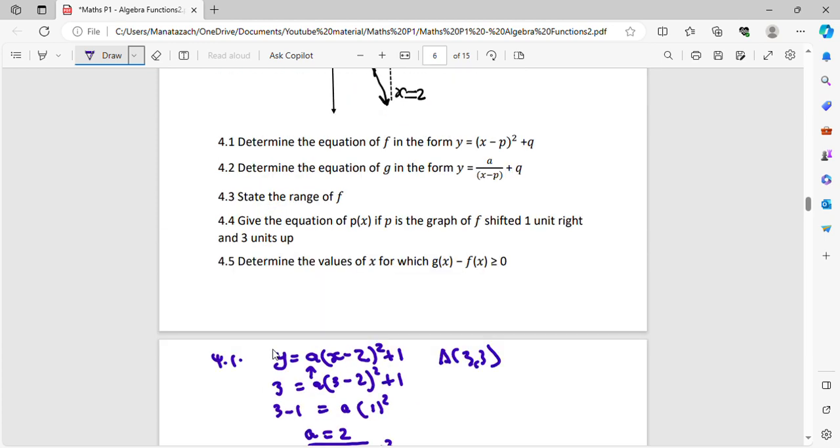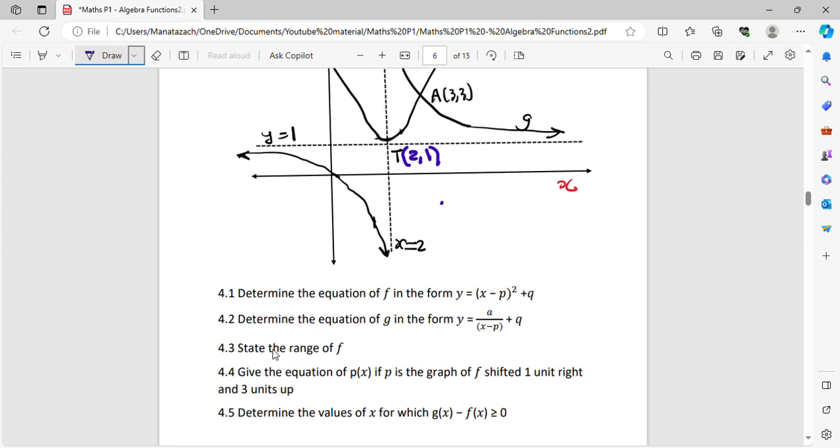Now let's go to 4.2. Determine the equation of g in the form of y is equal to this general function.